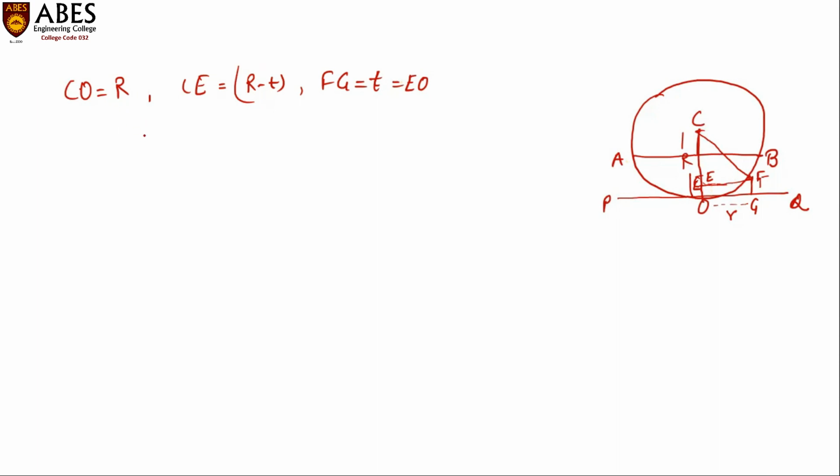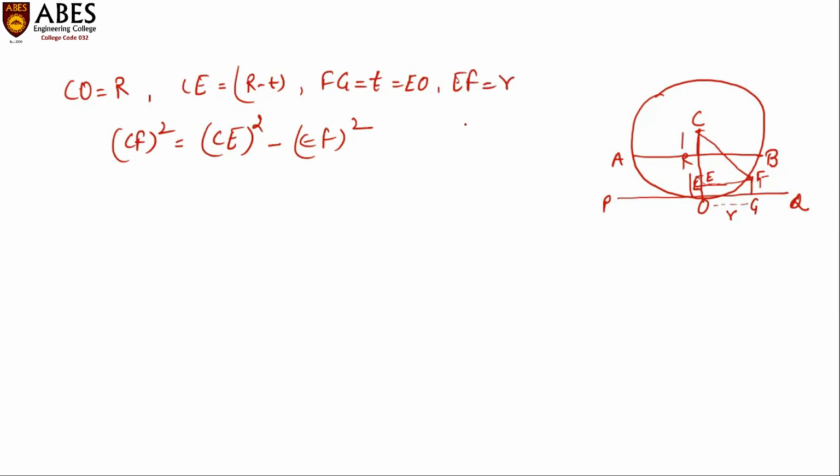By using Pythagoras theorem, CF square is equal to CE square plus EF square.